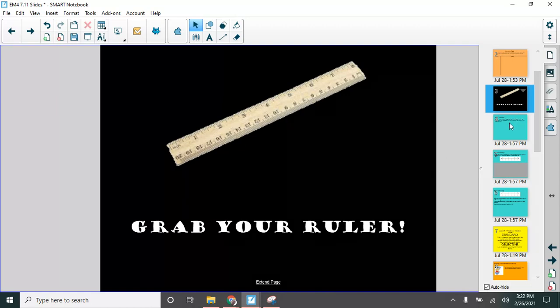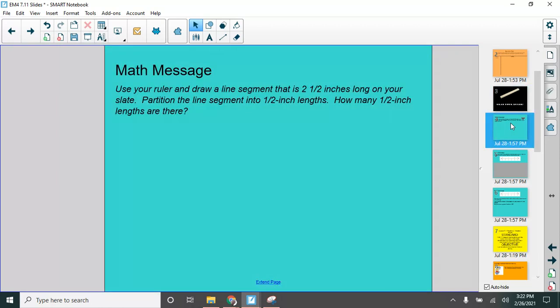All right, what are we going to do with our ruler? This is lesson 7.11. We're going to be looking at how fractions sometimes look when they are in number story problems, right? When they're in word problems. So I want you to use your ruler to draw a line segment that is 2 1/2 inches long on your slate, or on a piece of paper in your notebook, please, would be fine.